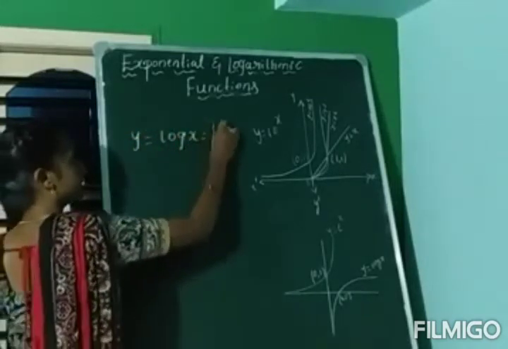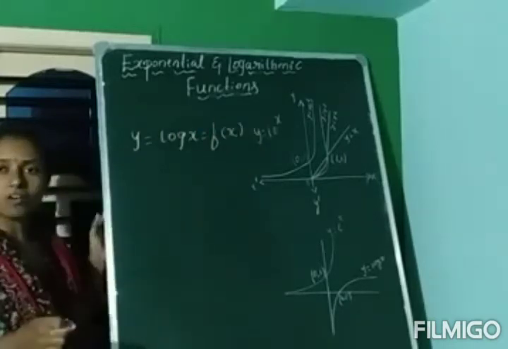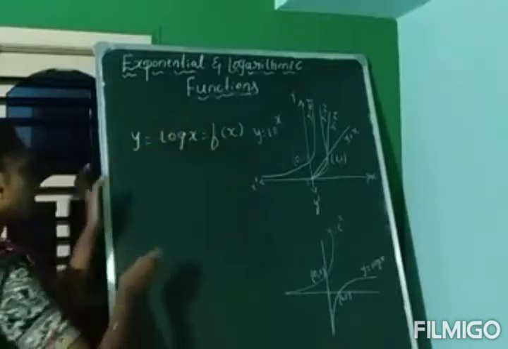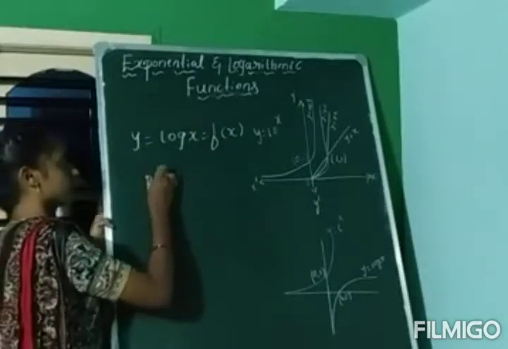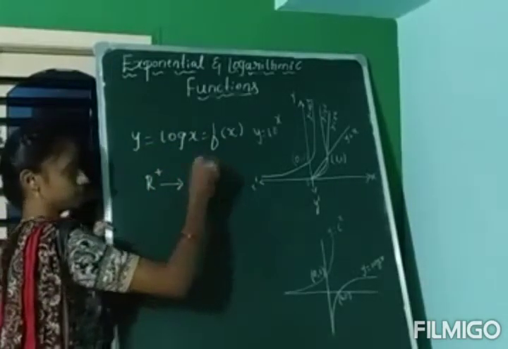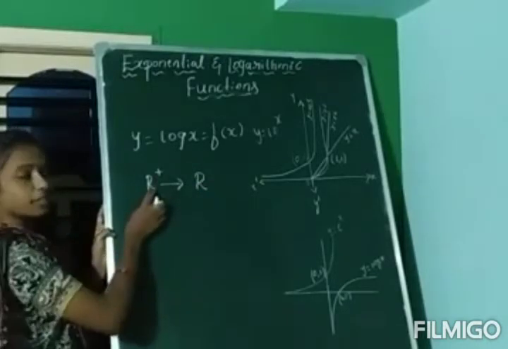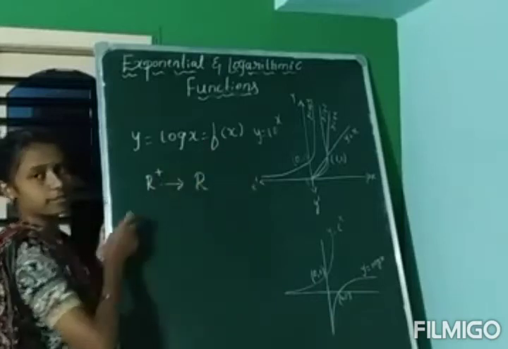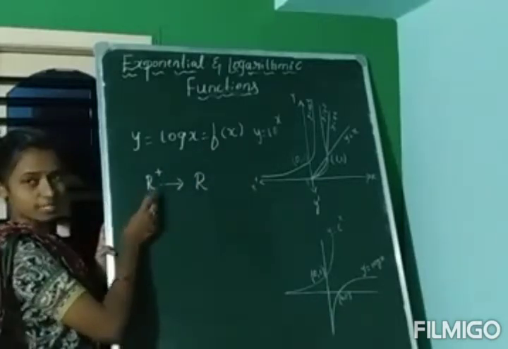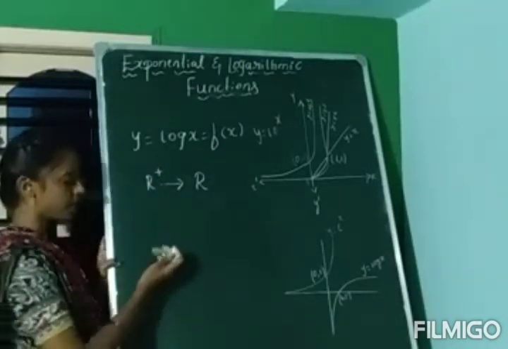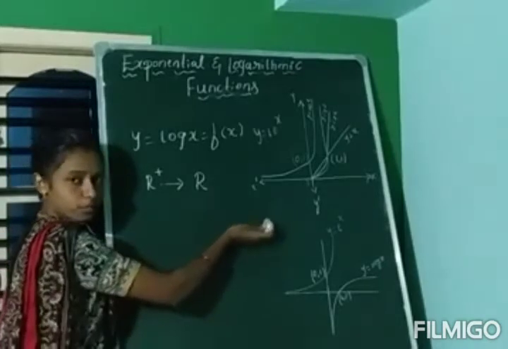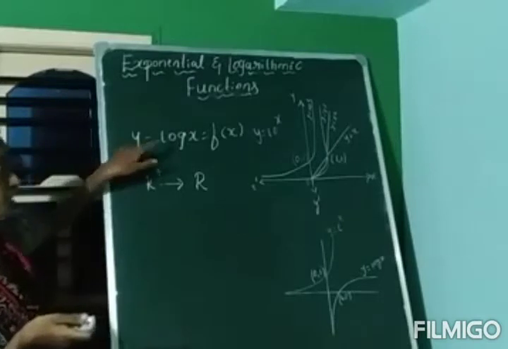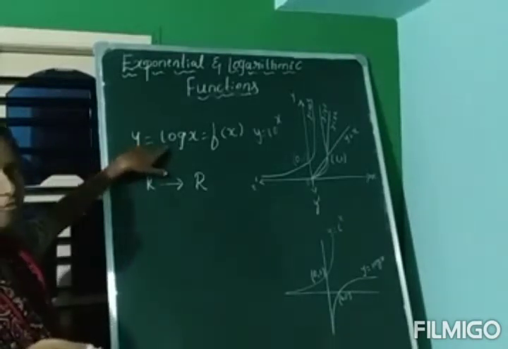Log is a function from the positive real numbers to the set of all real numbers. So first we consider only positive real numbers, and they may be mapped to either a positive real number or a negative real number. Then such a function we call a logarithmic function.